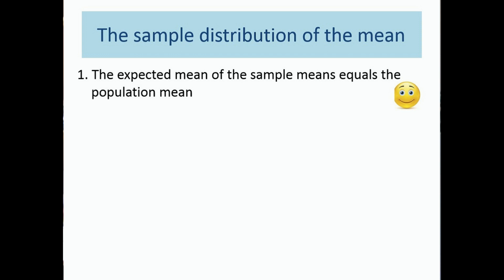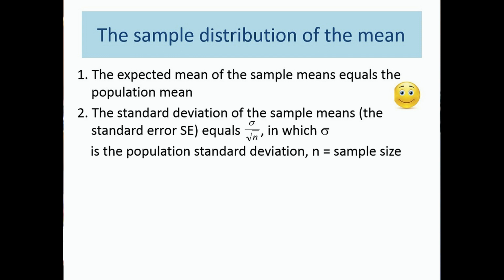I guess you can agree with that. If we look at the variation between the sample means and calculate the standard deviation of these sample means, this will be close to sigma divided by the square root of n. I can see you smile, because you already knew it.